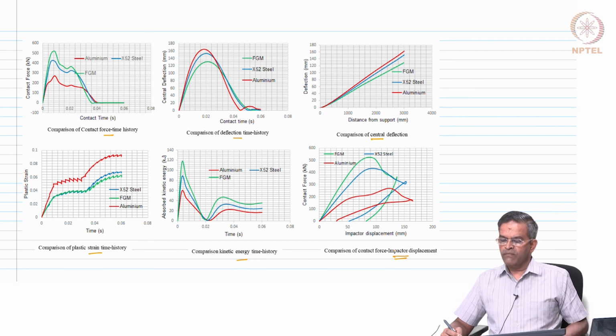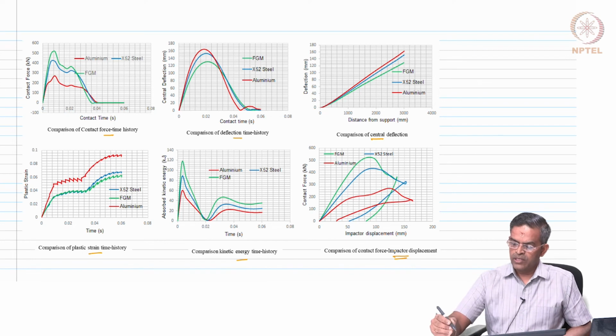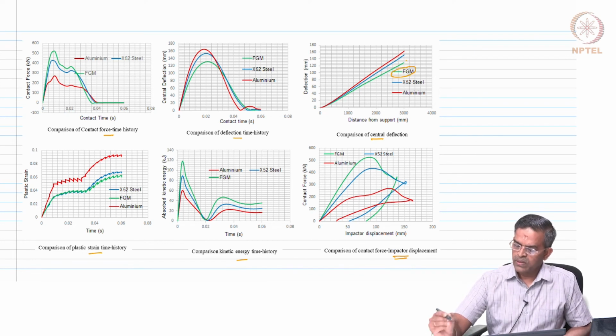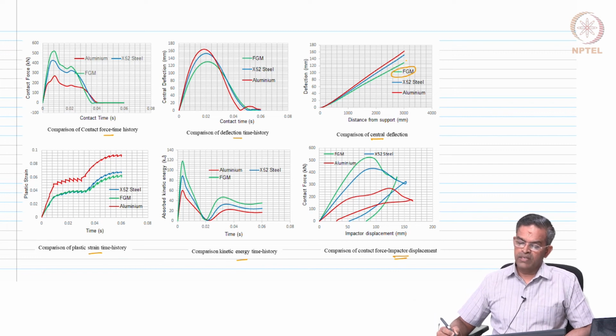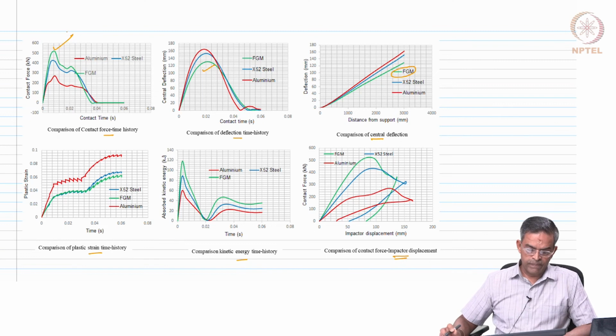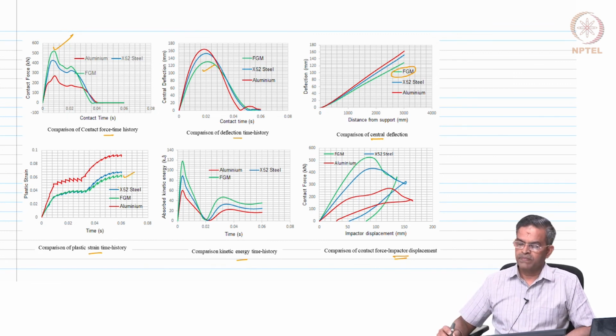If you look at the central deflection of the deck, which is made of FGM, it is showing far lesser values compared to the other two materials taken for the study. Even the deflection time history is lesser for FGM, whereas the contact force time history is much higher for FGM. Okay? So, it has got a very good capacity of plastic strain absorption, as you see here.